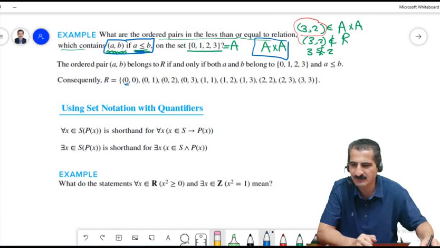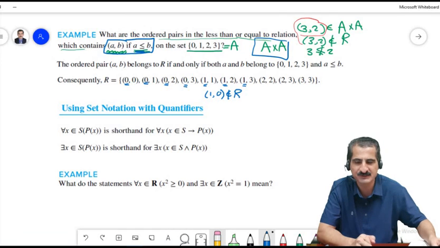So surely 0 will be chosen with 0, and with 1, and with 2, and with 3. But we will not choose 1 and 0. We will choose 1 and 1, 1 and 2, 1 and 3. 1 and 0 is not in R, indeed, because 1 is not less than or equal to 0.